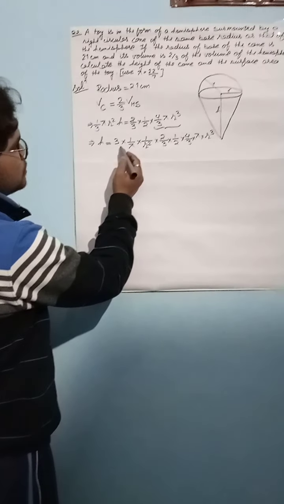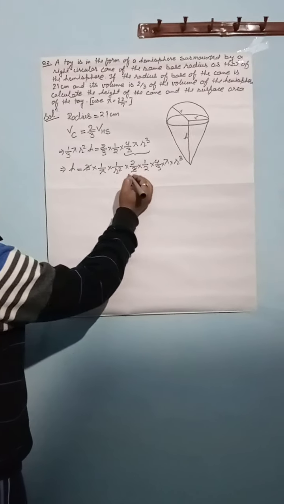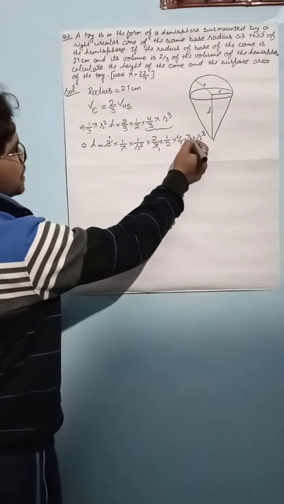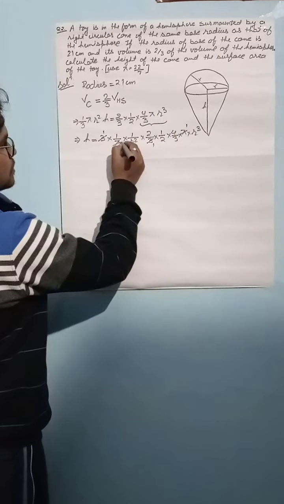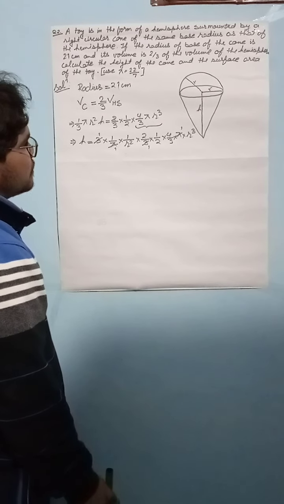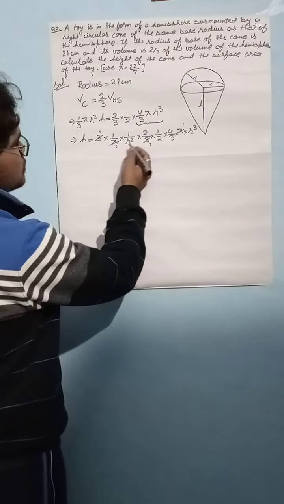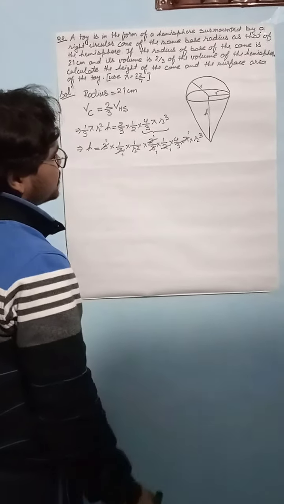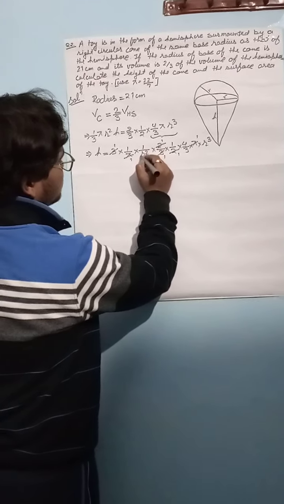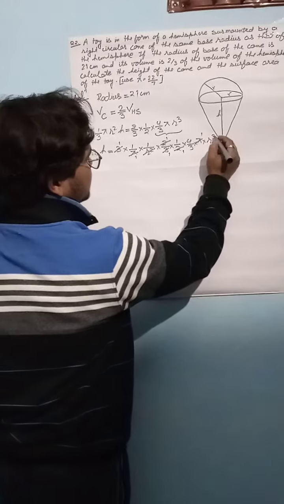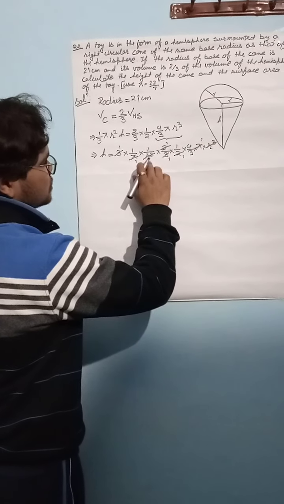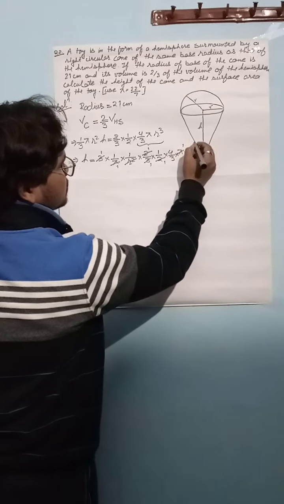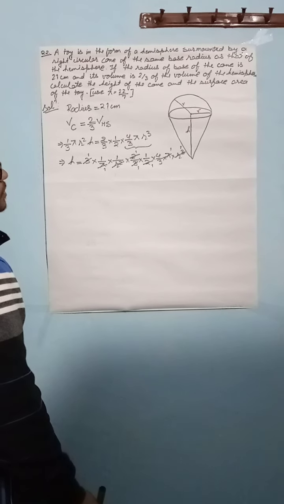Here we will divide the values, and pi gets divided by pi, and the remainder is 1. Dividing the radius square, 1 will be left.